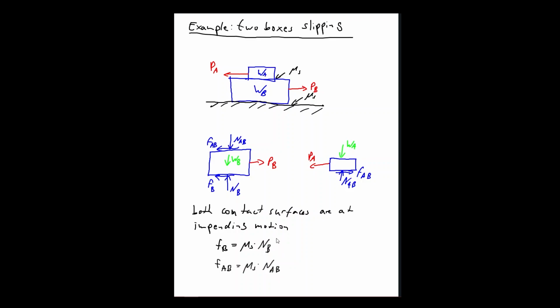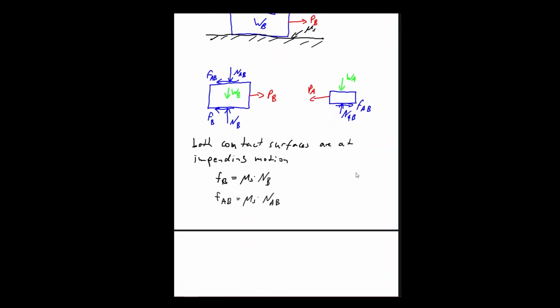So now we have 6 equations and 6 unknowns, and we can go through and solve this system.